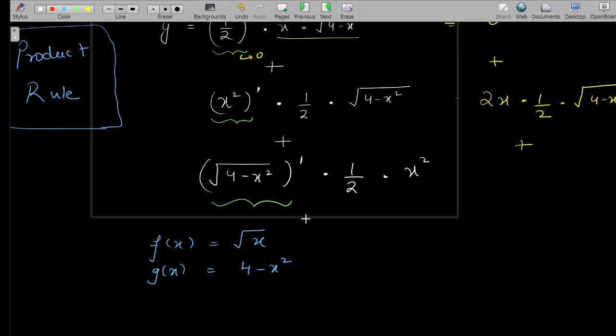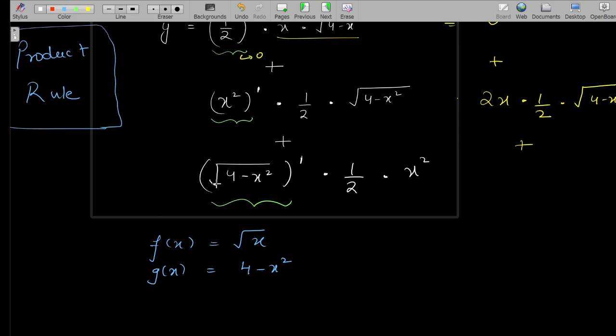Won't it just be 4 minus x squared? Wait, derivative of what? The function inside is just 4 minus x squared because the power is just 1.